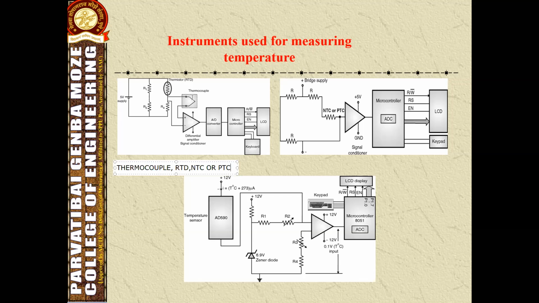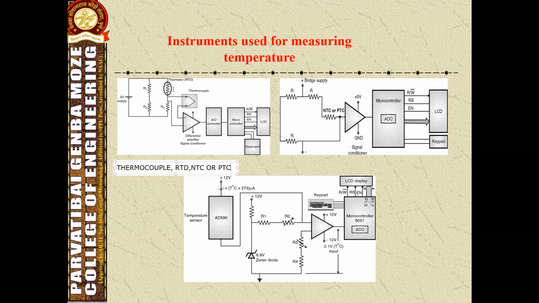The two wires are not similar metals. One junction is used for measuring the temperature against the reference temperature. Here the reference temperature is the surrounding room temperature, or 0 degrees Celsius ice temperature. So this is the thermocouple.